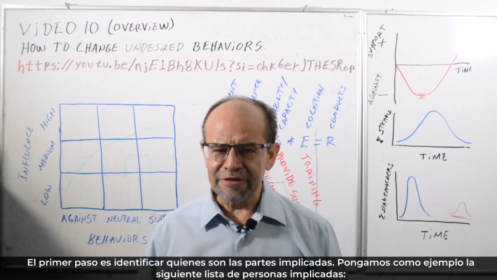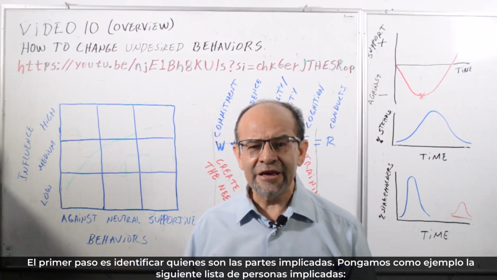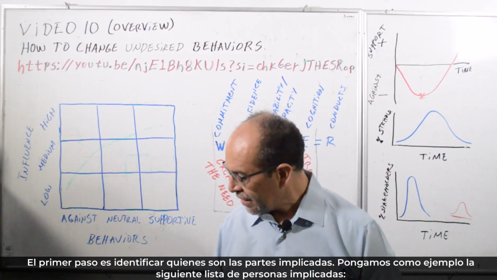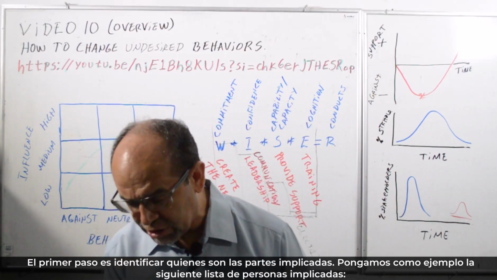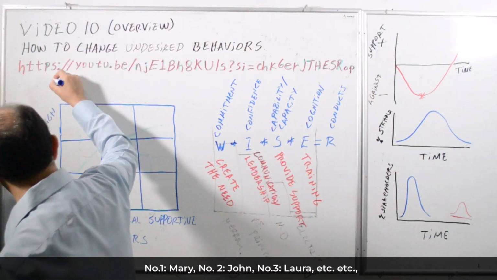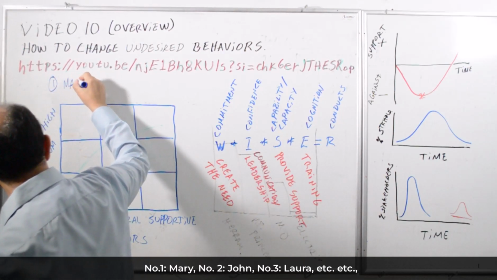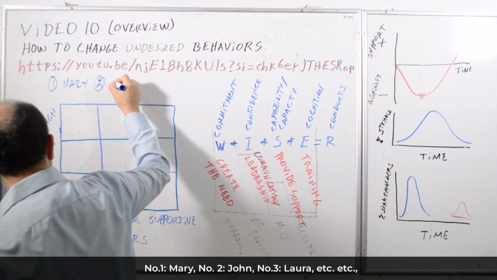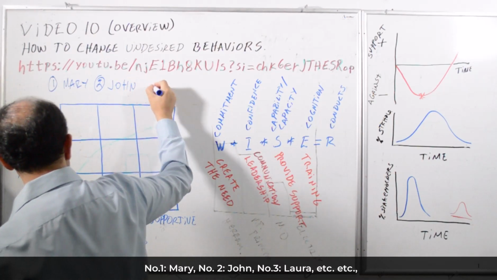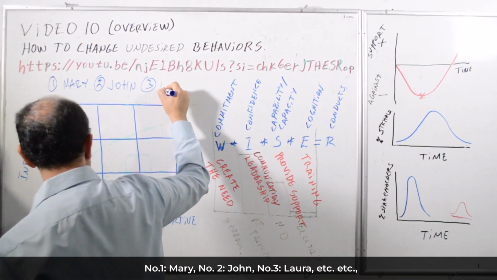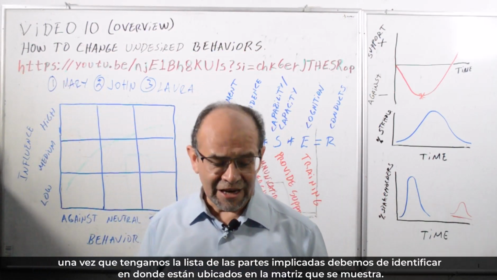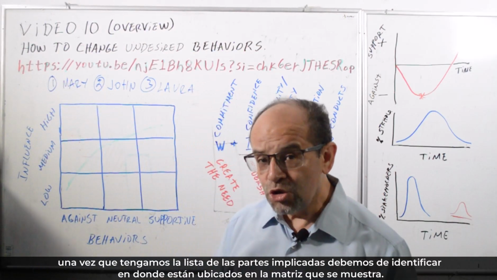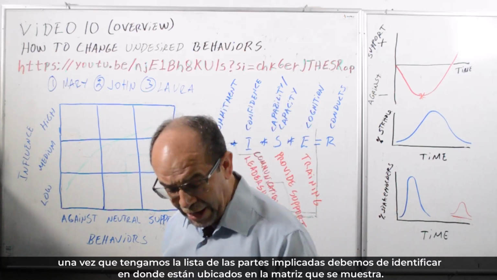The first step, the first thing to do is to identify who the stakeholders are. Let's say that we are having a list of potential stakeholders. For instance, we are having number 1, which is Mary. We are having number 2, which is John. We are having number 3, which is Laura, etc., etc. Once that you have the list of all these stakeholders, you have to identify where they are located.